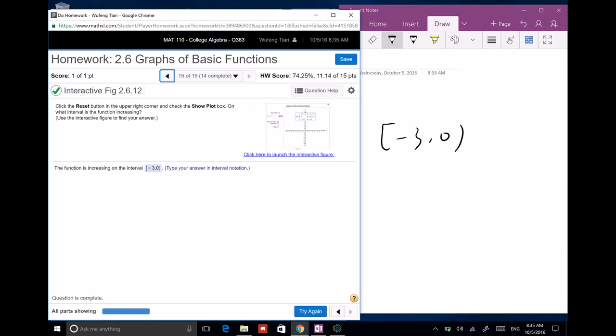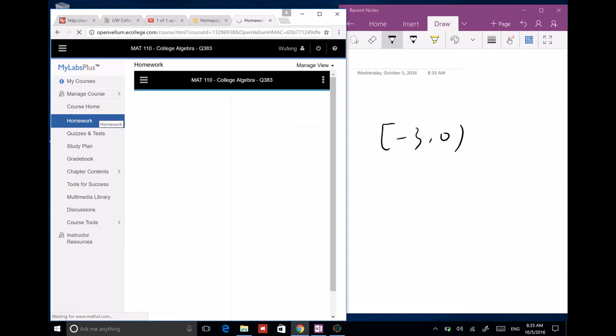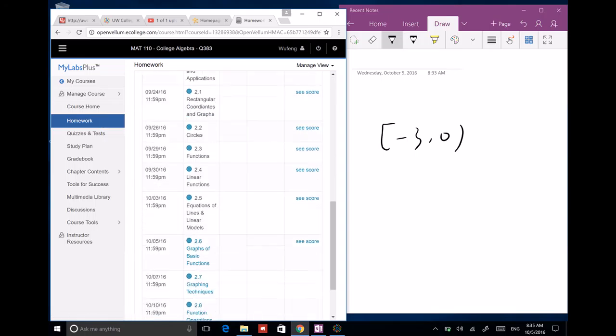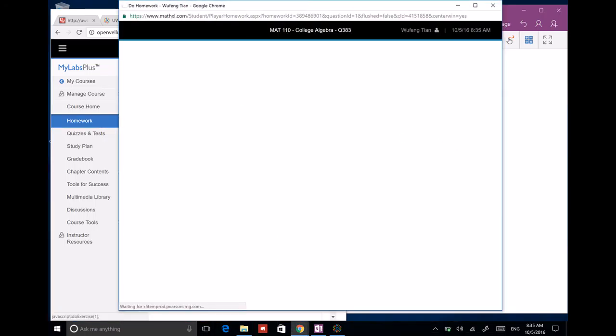Right, so now we're done with this section. This is 2.6. I think let's continue with 2.7, graphing techniques.